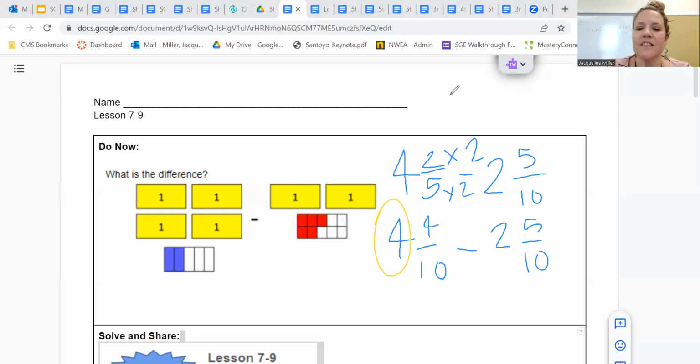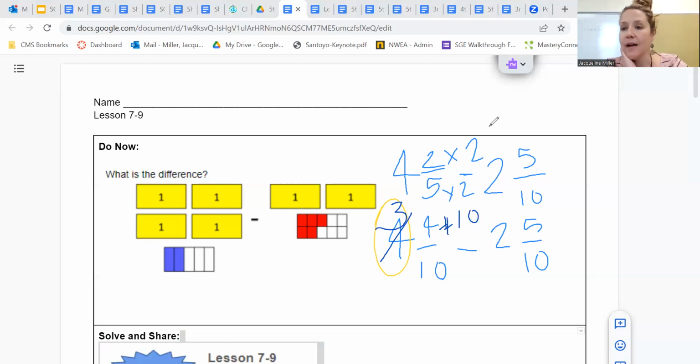And in this case, since the denominator is 10, we are going to borrow and turn this 4 into a 3. And since that 4 was made up of 10/10, we're going to add 10 to our numerator.